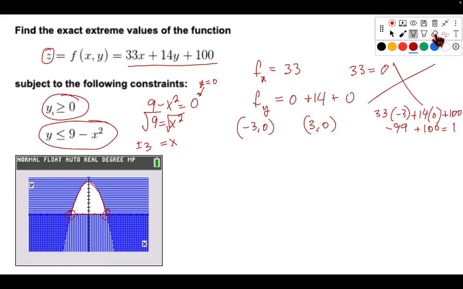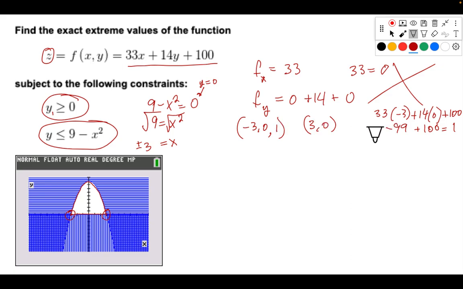So what I'm going to do is come back here and not just do an ordered pair, but do a triplet, right? So that 1 is a z value. That could be a maximum, it could be a minimum, but I've got to see what I get when I plug in 3.